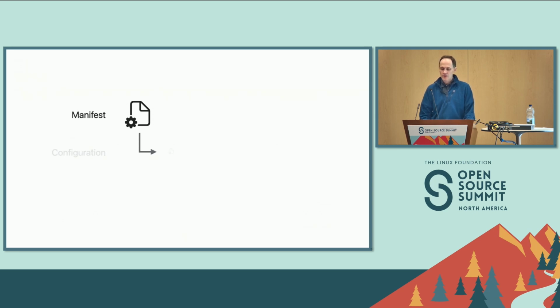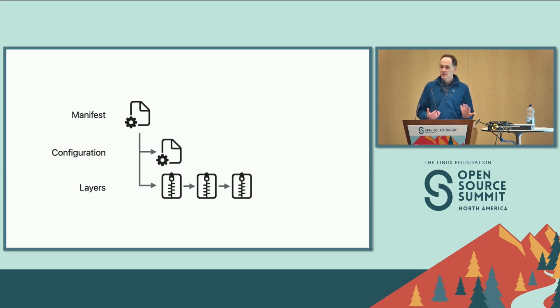The manifest points to some configuration, and that tells the container runtime how to run the image when it starts it up. It also points to a stack of layers, which combine to make up the container's file system. Now, all of these metadata objects are JSON, and the layers are tarballs. So this is a structure we can easily build for ourselves in Swift.